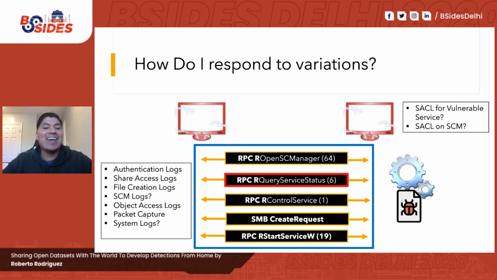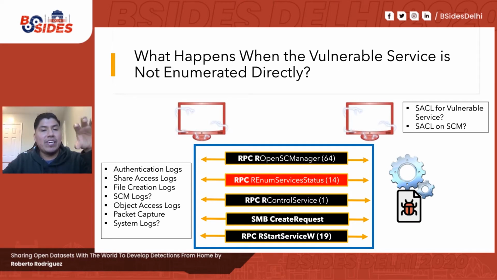That is exactly why. Because in this case, for example, the blog post shared by the researcher Dwight, who discovered this specific lateral movement technique through DLL hijacking, described that instead of querying the service directly, he was using a different RPC method, which interrogates the SCM and asks about the status of all the services.